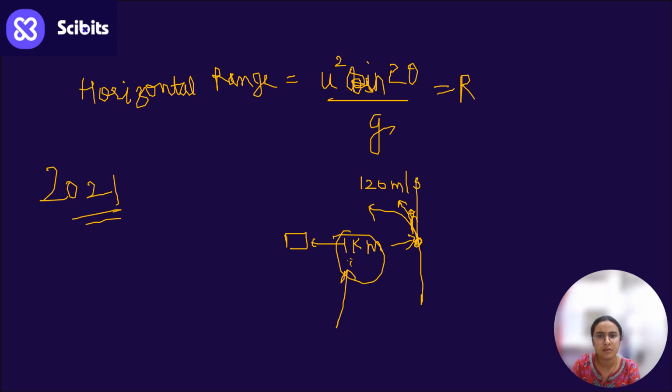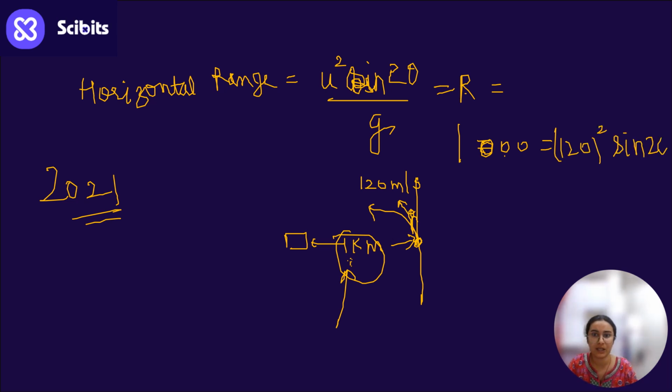Okay, so let me put the formulas here. The horizontal range is 1 kilometer. Since the SI unit is meter, we are going to convert it into meters. 1 kilometer is 1000 meters. And u is 120 squared, sine 2 theta, I will keep it like this only, and I can use g as 10 because it's the standard value.